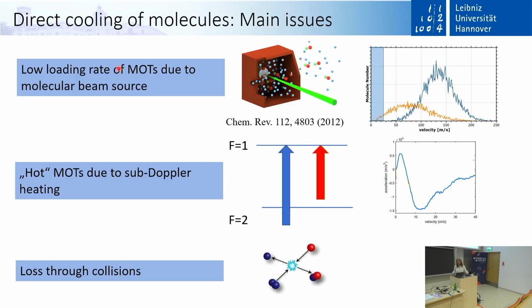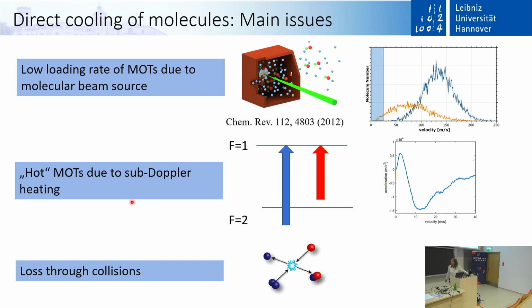The low density in the magneto-optical trap comes first of all from not so efficient atomic and molecular beam slowing techniques at the very beginning, starting with a buffer gas source for the molecules and then implementing some slowing techniques. What's missing here is a CW scheme, which is at the same time velocity compressing, to really have a large number of molecules at velocities which you can actually trap in magneto-optical traps.